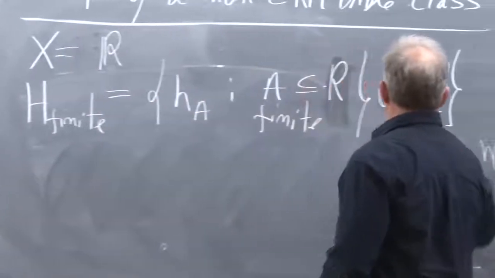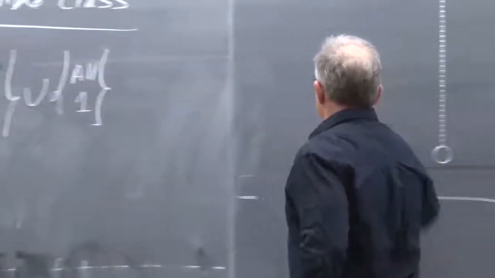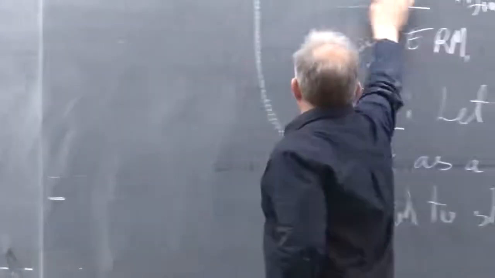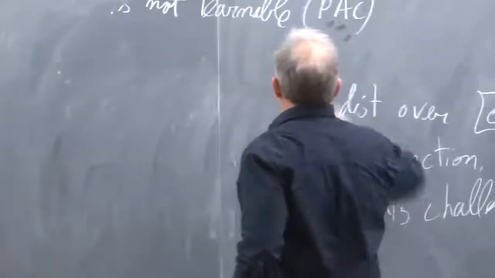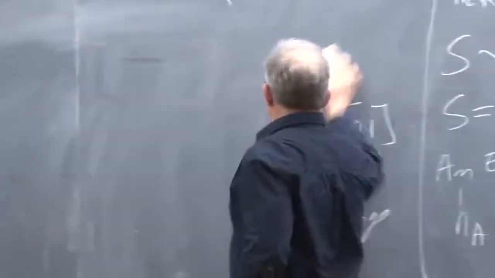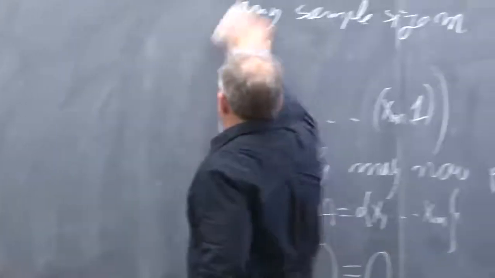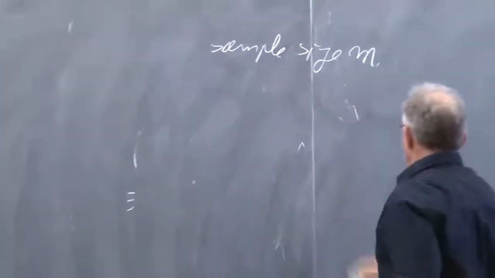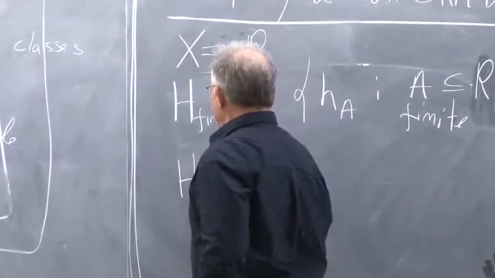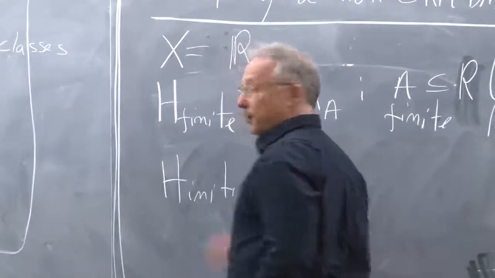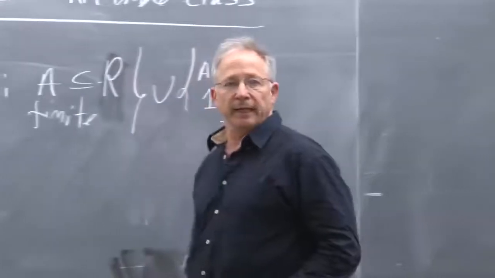So now we have this class here. We have the class H finite, on which ERM fails badly. And we have the class that you discussed last time, H initial segments, which is also a class of functions over the real line.